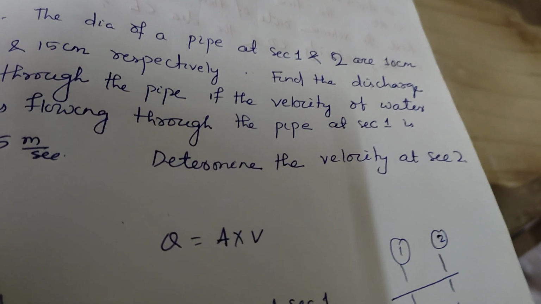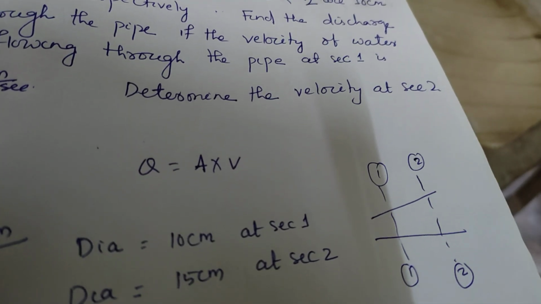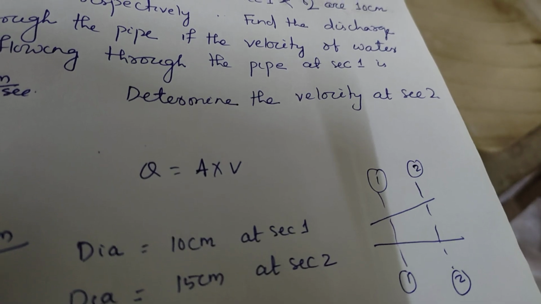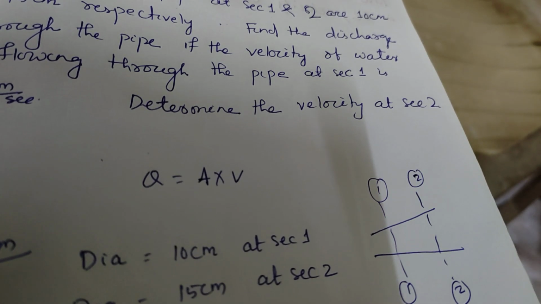So d1 equal to 10 cm, we convert into meter, that is 0.1 meter.